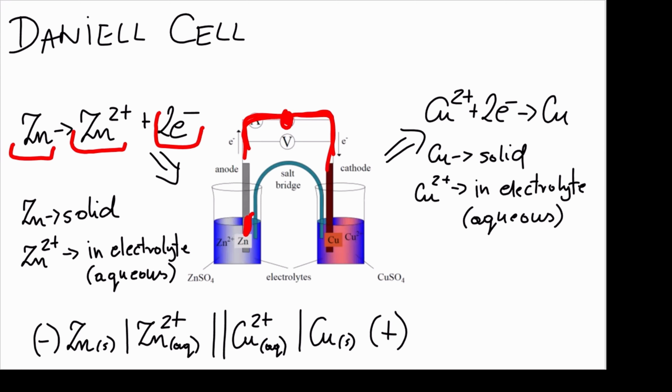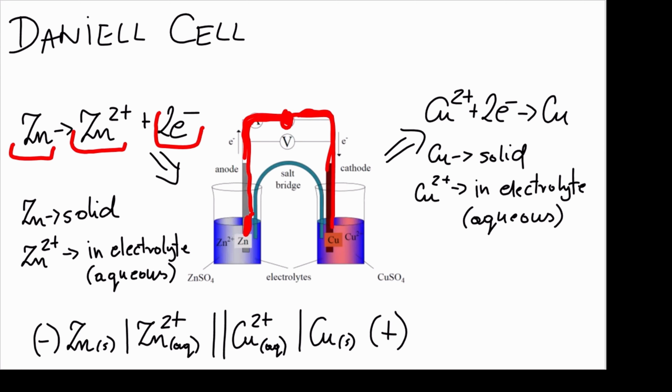These two electrons flow through the external circuit and the energy consuming device to the cathodic metal.